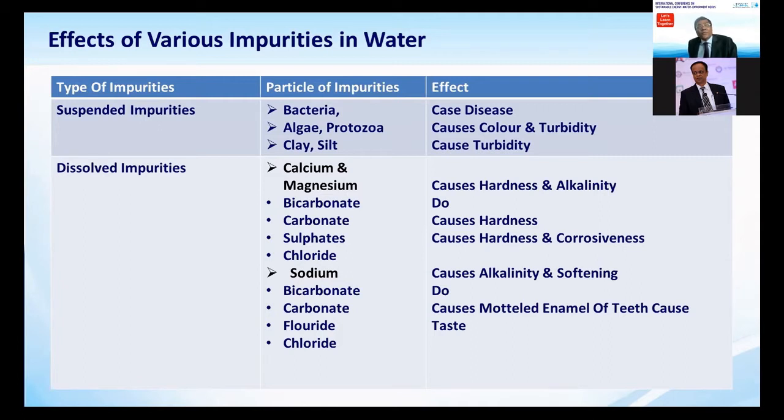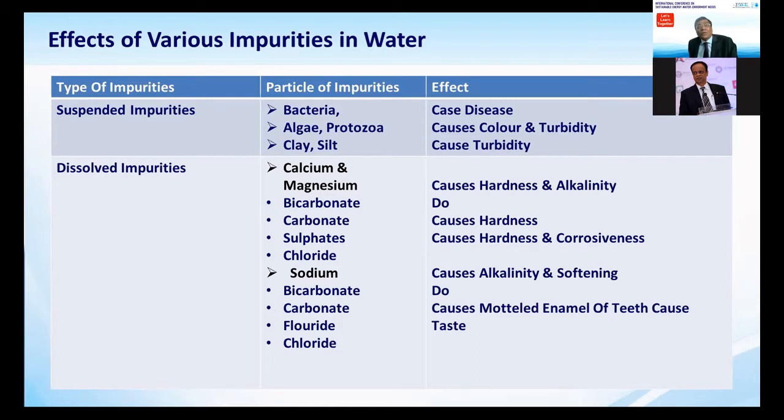Suspended impurities: we have the bacteria, algae, protozoa, and clay silt. And you can see the bacteria cause diseases, algae cause color and turbidity, and clay and silt cause turbidity. And if we see the calcium and magnesium, they exist as calcium carbonate, calcium bicarbonate, calcium sulfate, calcium chloride, and these are general.